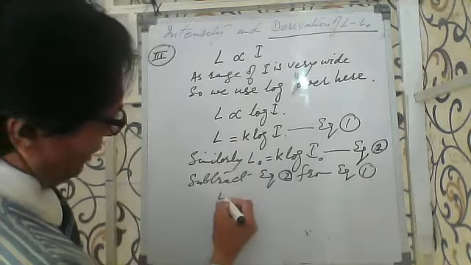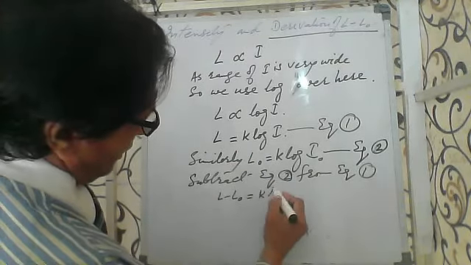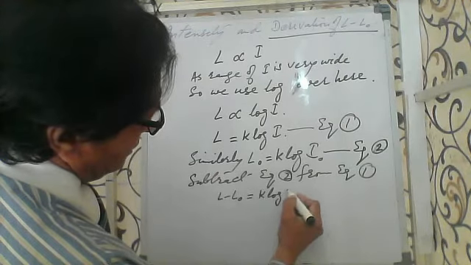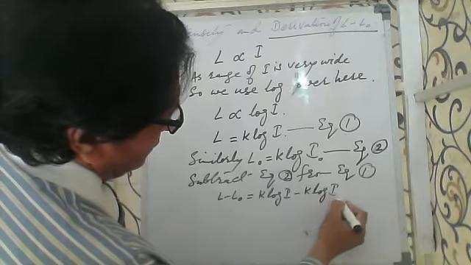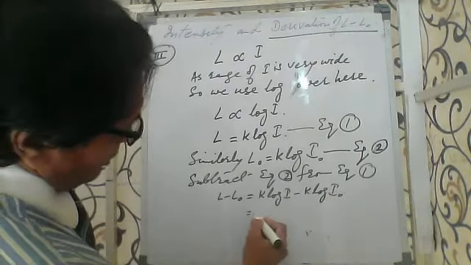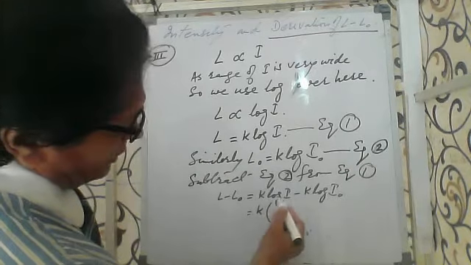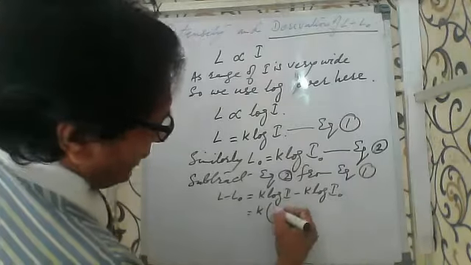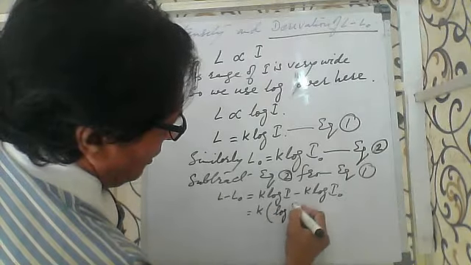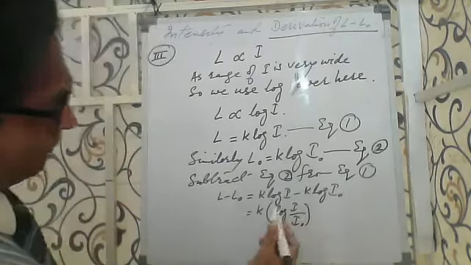So we get L minus L naught is equal to K log I minus K log I naught. K is common, and apply the law of log. We get log I divided by I naught.